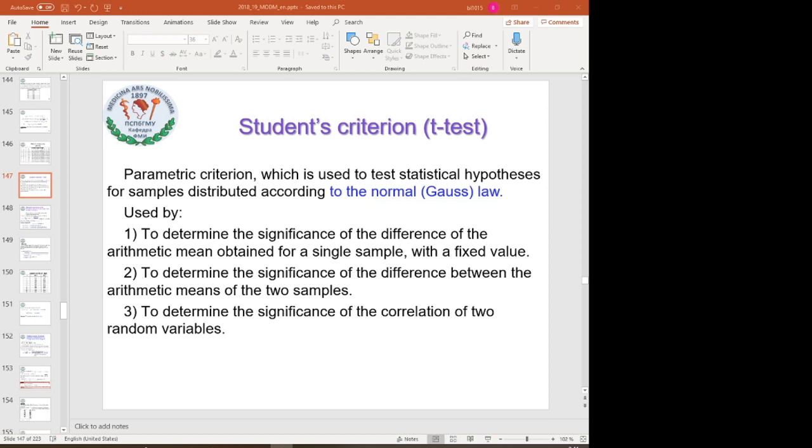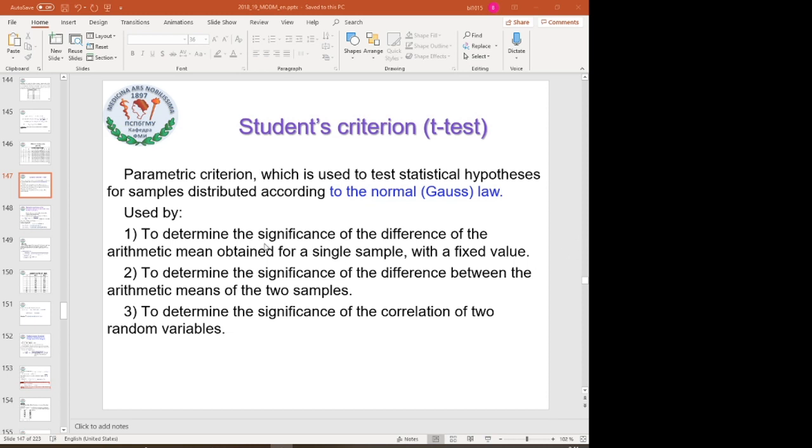Another parameter is about variances. One formula is for equal variances, and another formula is for different variances, and how to check equality of variances by F-test we just studied.